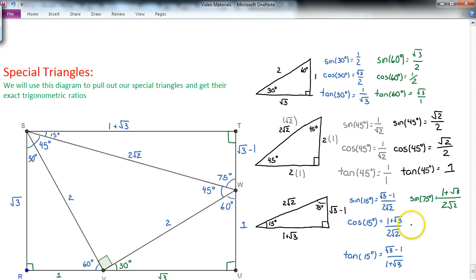Cos of 75 degrees is equal to root 3 minus 1 over 2 root 2, and tan of 75 degrees is equal to 1 plus root 3, that's the opposite, over root 3 minus 1. Be careful not to cancel those root 3's, because there's an addition sign or subtraction sign between them. So these are your special triangles.